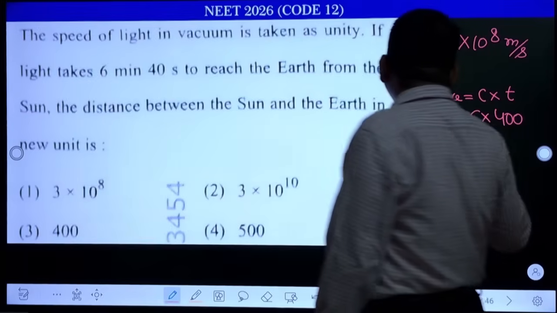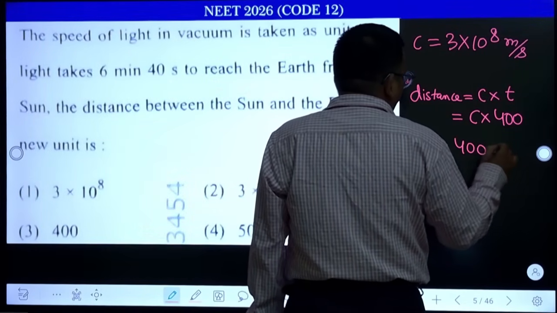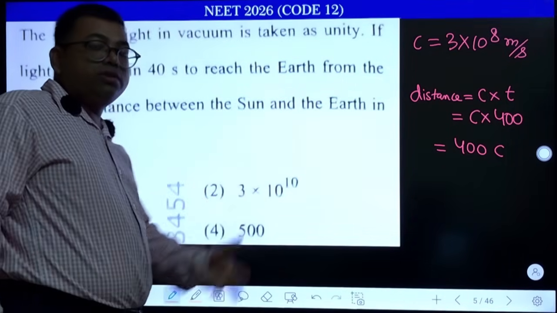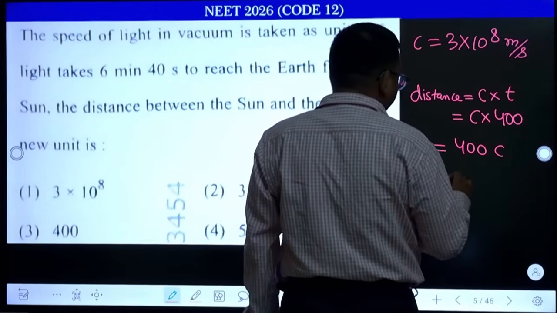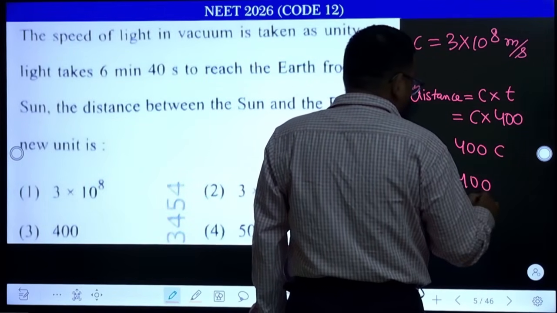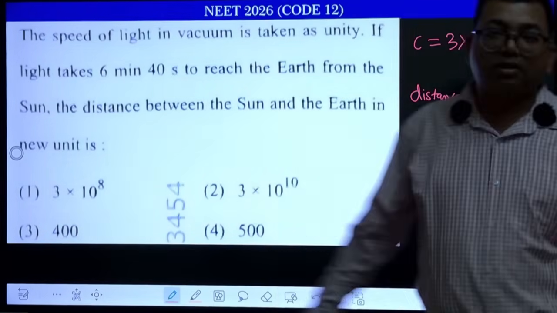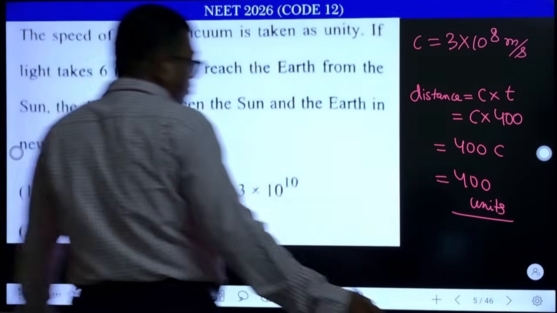So you are getting this as 400 C. But C is like the 1 unit of distance, right? So if I consider this as 1 unit, that many units will be there. This will be the new unit of distance, right? 400. So option 3. Let us move to the next question.